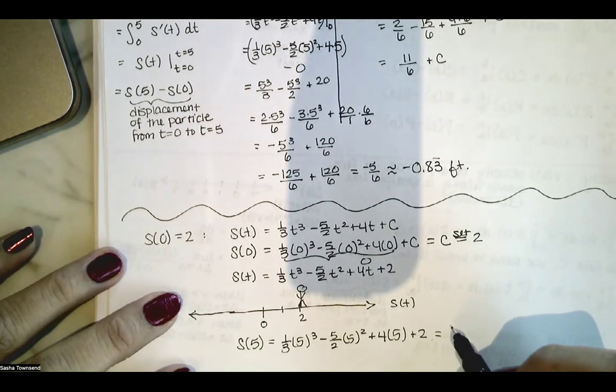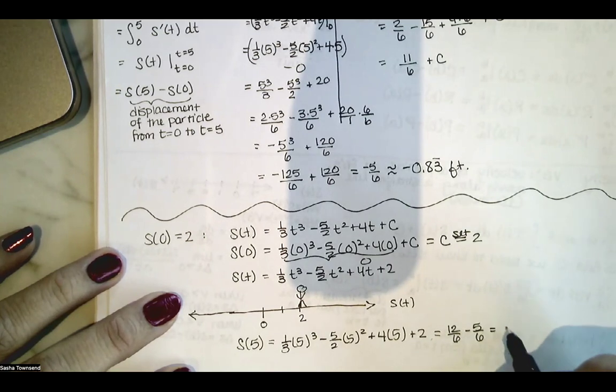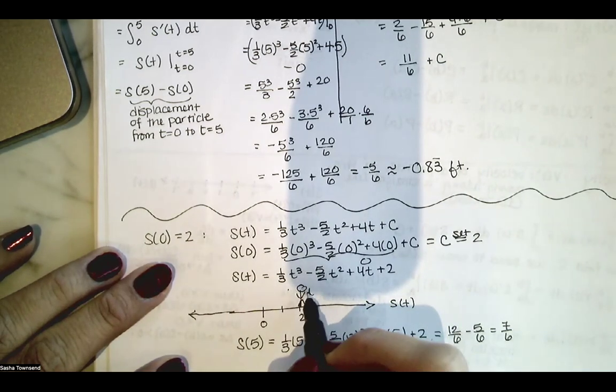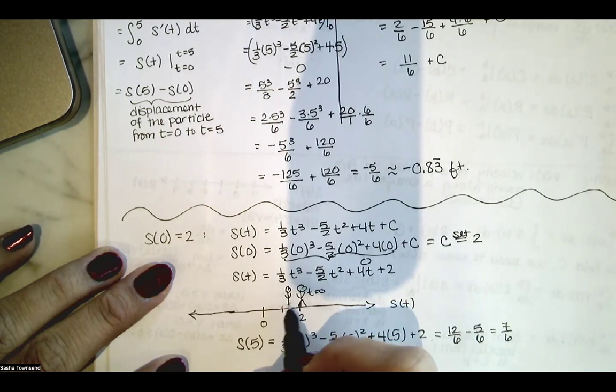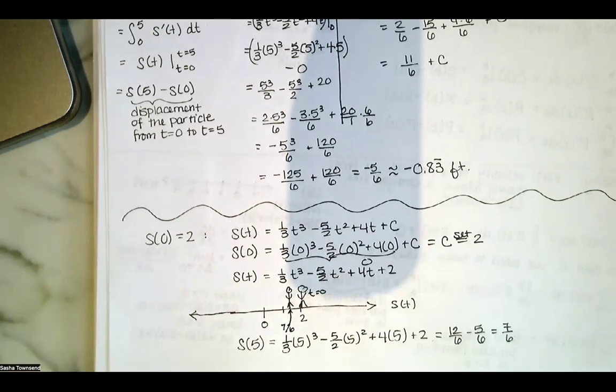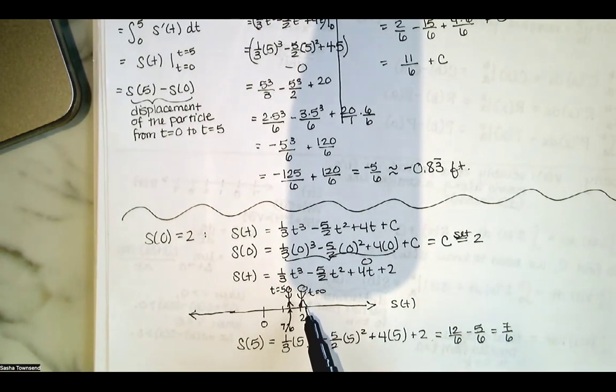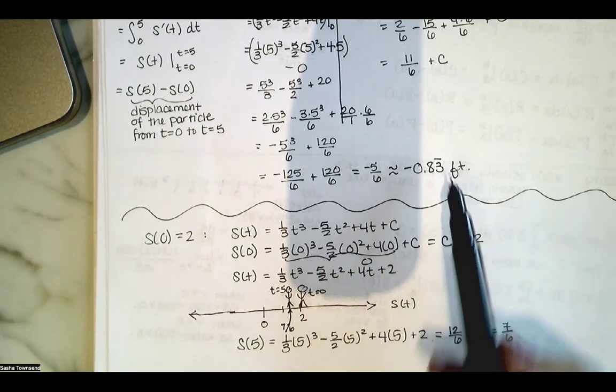Is that right? So our person is here at time t equals 0, and then at time t equals 5, our person is right here at position 7 divided by 6, or 1 1/6 from the origin. So what is your displacement? Well, the displacement from time t equals 0 to t equals 5 seconds is negative 5/6 of a foot, or negative 0.83 repeating feet.